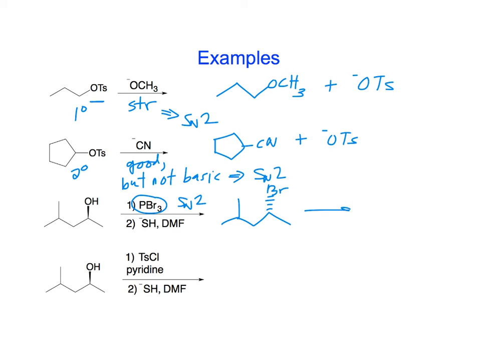And then our second step, we use this sulfide in DMF, so it's good also at SN2. And so it's going to do another inversion, and we get this thiol coming forward. So it's like a double inversion.